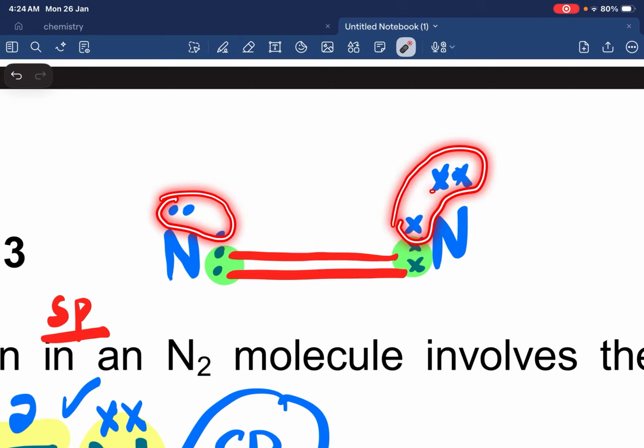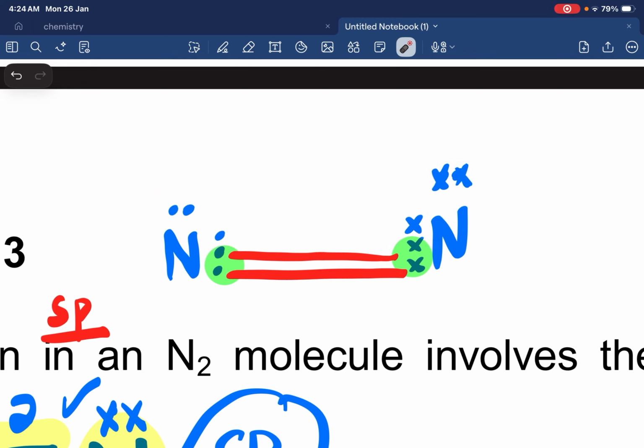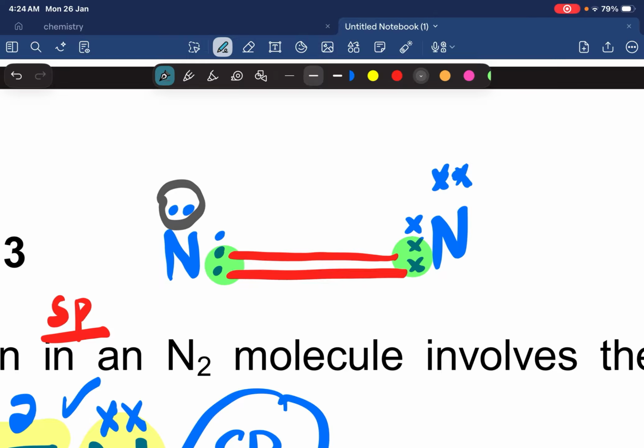This lone pair and this pair are going to form sp hybridized orbitals. I'm just randomly taking an example: this might be an s orbital, and this one right here might be a p orbital. No one cares.